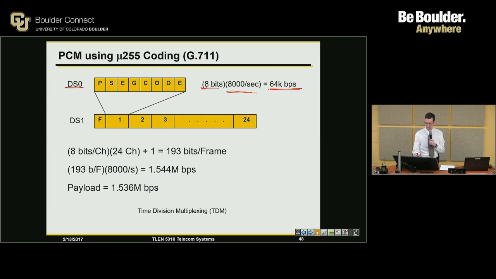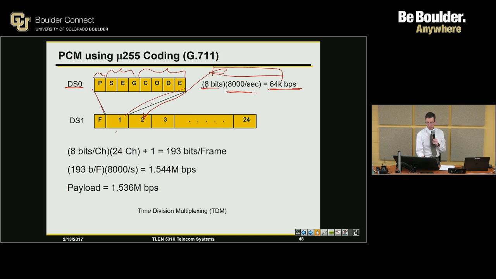Here's the 4 bits for the code, the 3 bits for the segment, and the 1 bit for the polarity, and all those go into a time slot, because I'm going to transmit this in time slots. All those will go in the first time slot. Then if I have a second conversation, that second conversation will go into the second time slot, and so forth.